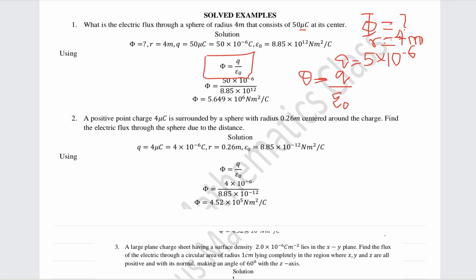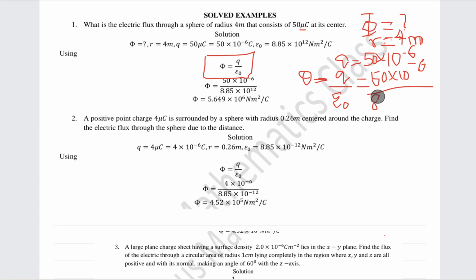And that will now give you what? Your Q is, okay, this is 50. Sorry. So that is 50 times 10 raised to the power minus 6 all over epsilon naught, which is also a constant. I told you in the last video.